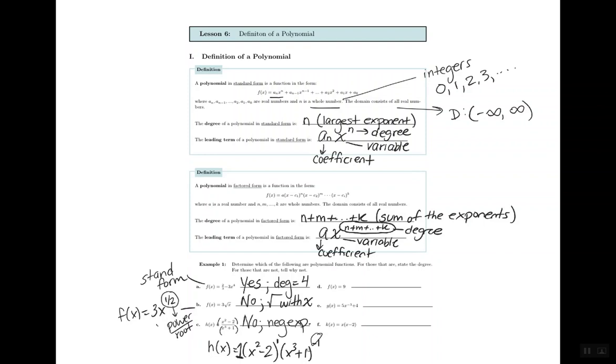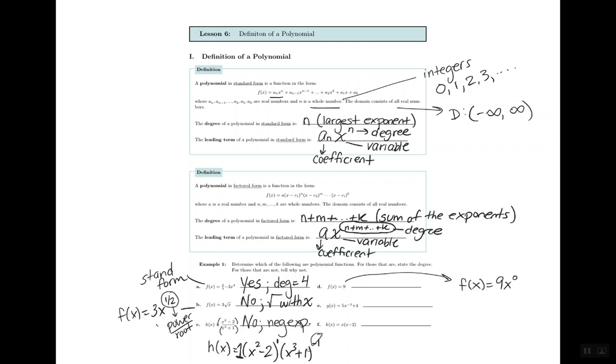In part D, we're given f of x equals 9. Now, we might not think that this is a polynomial since we don't have a variable or an exponent involved, but we can actually rewrite f of x as f of x equals 9 times x to the 0. It's true that we are not given any variable with an exponent, so we can replace it with some variable.